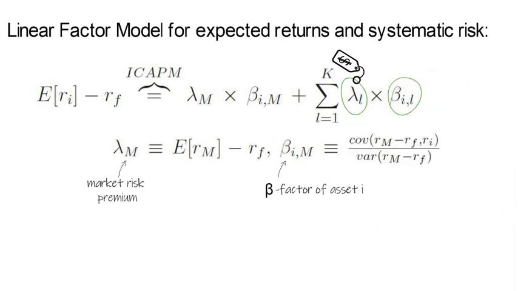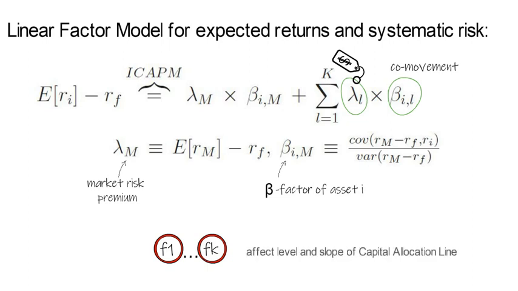And the beta_il is the normalized amount of co-movement of asset i's return with innovations in risk factor l. Remember, any factor that affects the evolution of the level or slope of the capital allocation line is part of the set L, which consists of these 1 to capital K factors.